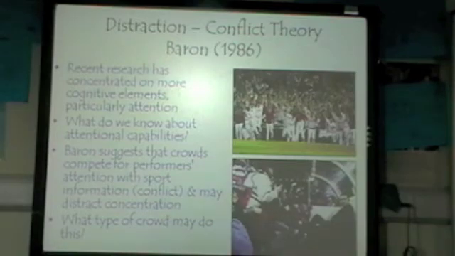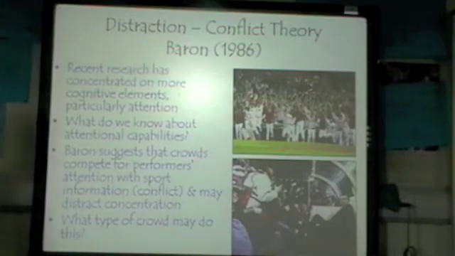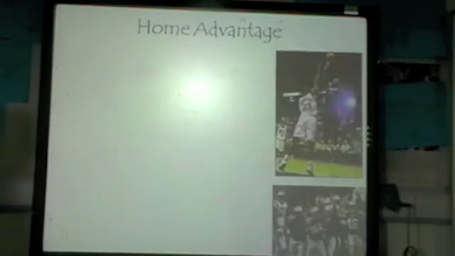I'm thinking about what the crowd's chanting at me, or the noise, or I get distracted by something I see in the crowd. Therefore, I'm not 100% concentrating, and therefore my performance might suffer because of that. So this could be away crowds would try to distract you away from your performance by booing you, or waving their arms, or whatever it might be.